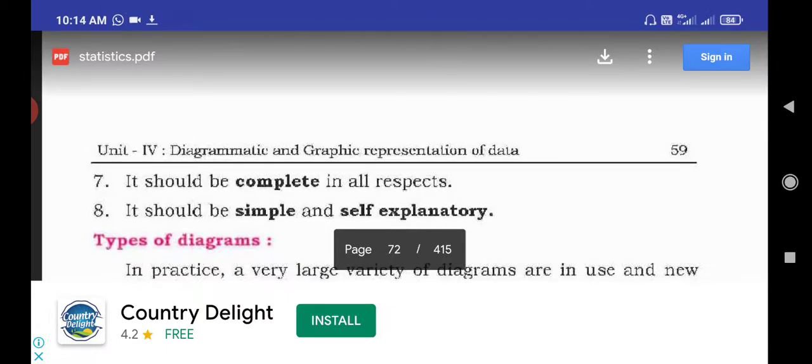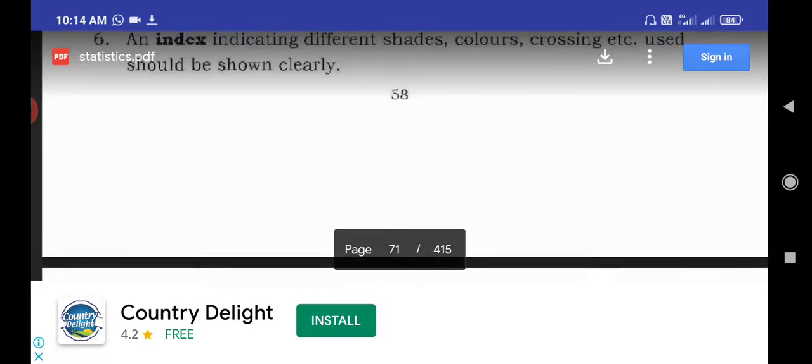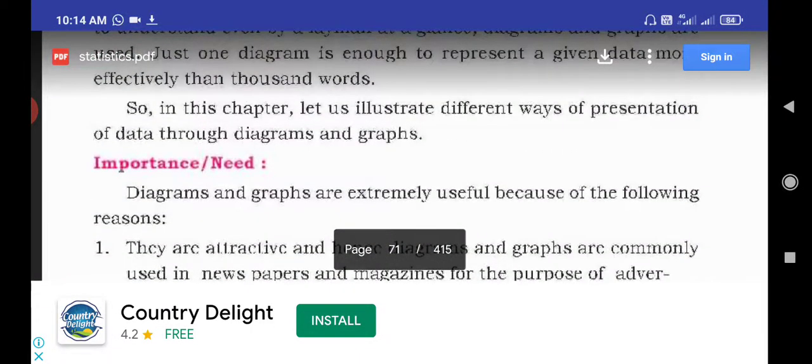Whatever we present in a diagram or graph should be very simple and self-explanatory, meaning we should give our own conclusion for a diagram. Okay students, these are the rules we have to follow when creating diagrams and graphs.